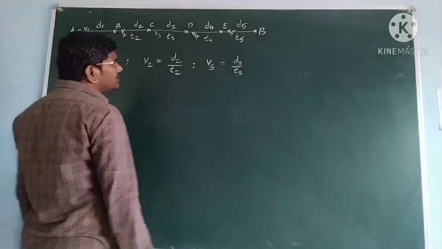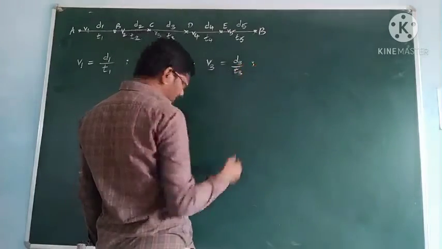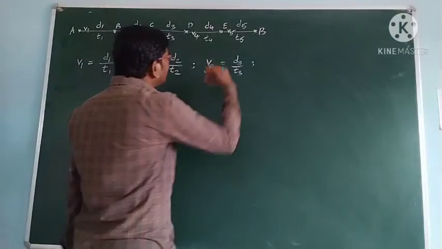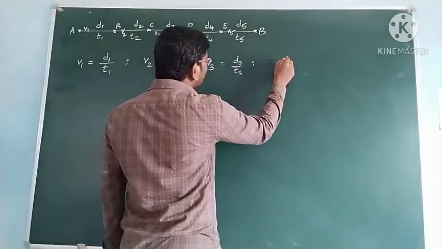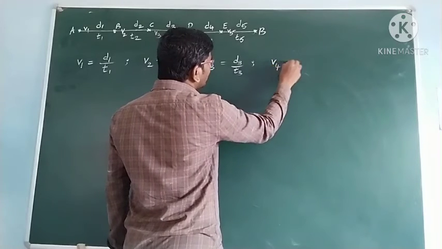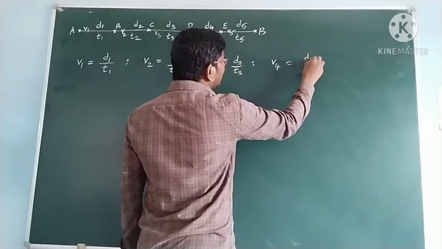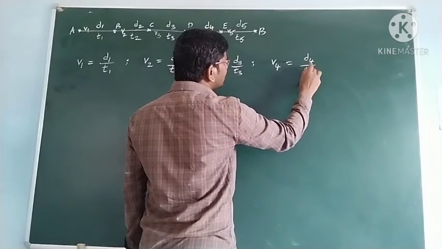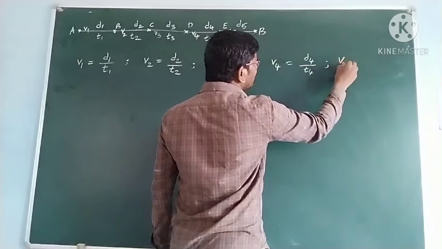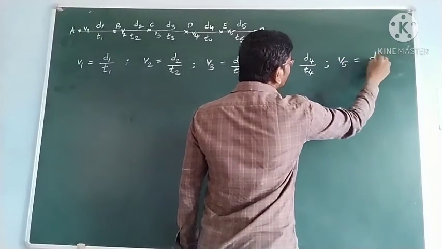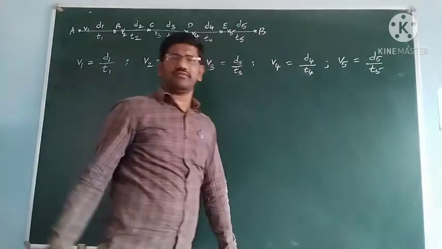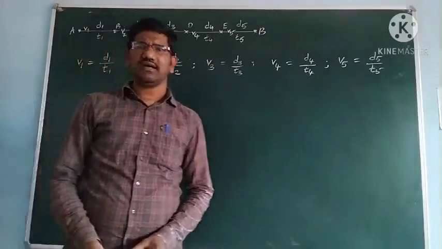Then V4, distance traveled D4, time T4, and V5 is equal to D5 by T5. Like we have different distances and different times.